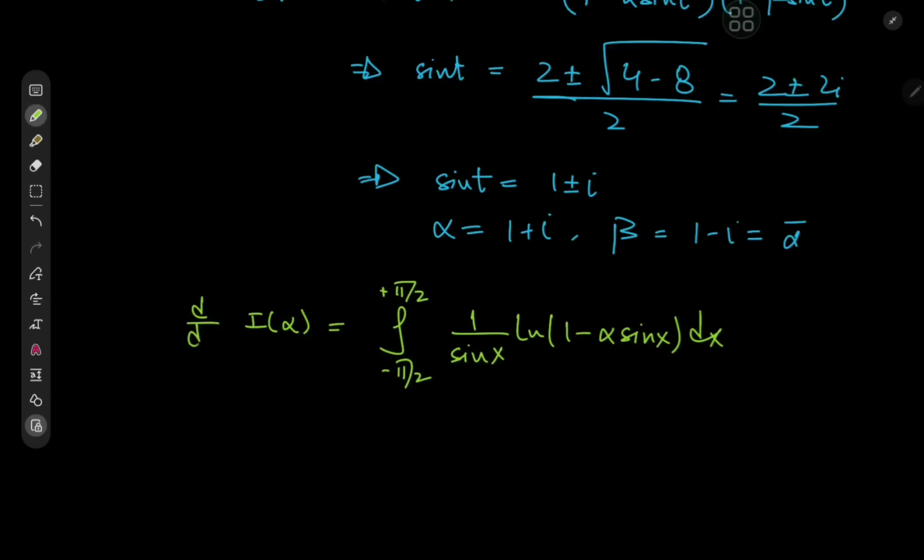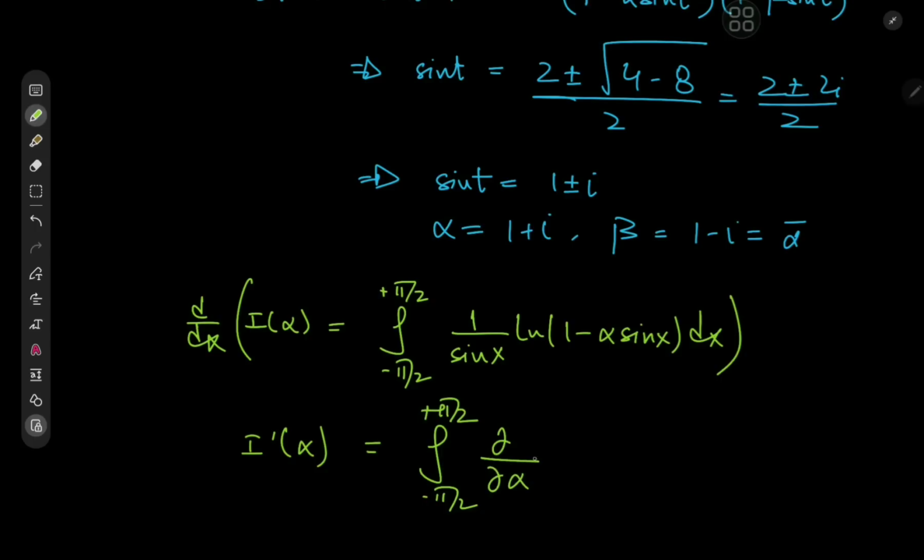Now we differentiate with respect to the parameter alpha, giving us on the left-hand side I prime of alpha. And on the right, after switching up the order of the integration and differentiation operators, we have the integral of the partial derivative with respect to alpha of 1 by sine x times log 1 minus alpha sine x dx.